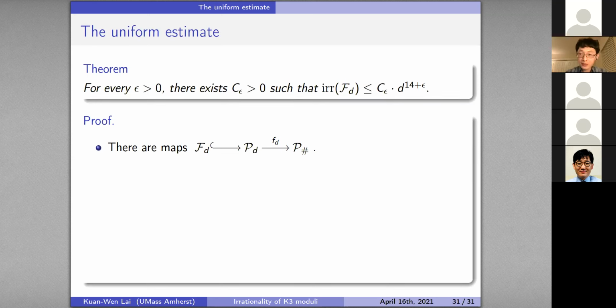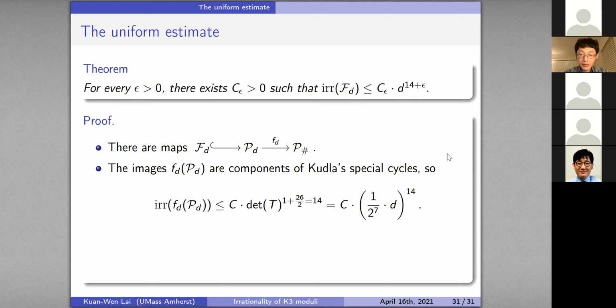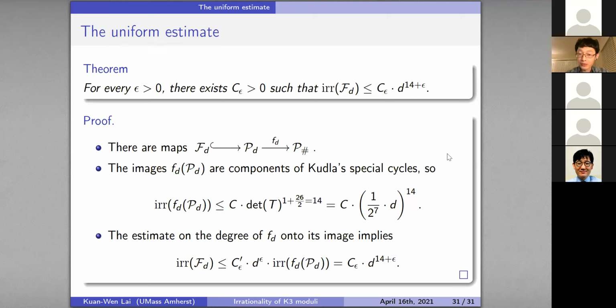First we have these maps: the open immersion given by Torelli, and then this map F_D, and we also have this estimate for the image of P_D under F_D. These are special cycles, so we can estimate the irrationality using the estimate about coefficients of modular forms in this way. So we get, in particular, some constant times d to the 14th power, and combining this with our previous estimate about the degree of F_D, we get the epsilon there. Okay, so this is my last slide, and thank you very much for your attention.